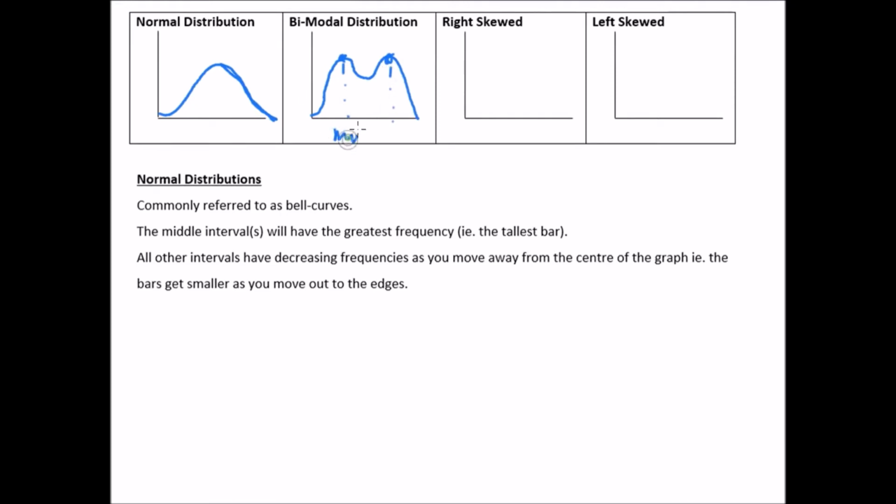So this is a mode, and this is also a mode. For the normal, the mean, median, and mode are all the same value. Right skewed, again, is when the tail is skinny on the right hand side, and left skewed, the tail is skinny on the left.